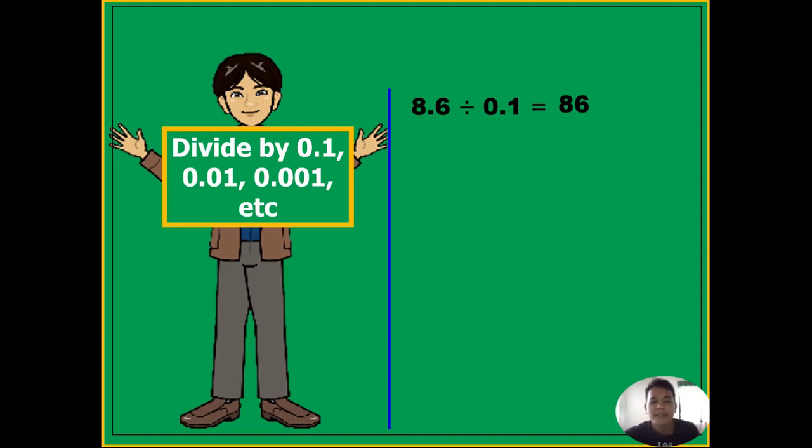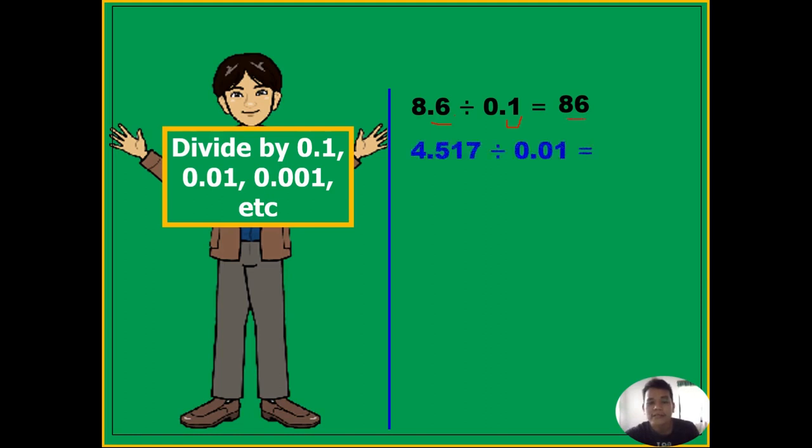So our 1/10 here has one decimal place after the decimal point. So in finding the quotient, we will just move also one place in our dividend. So we'll move one place from the decimal point. So the decimal point will be here already. So the answer is 86 here, right?